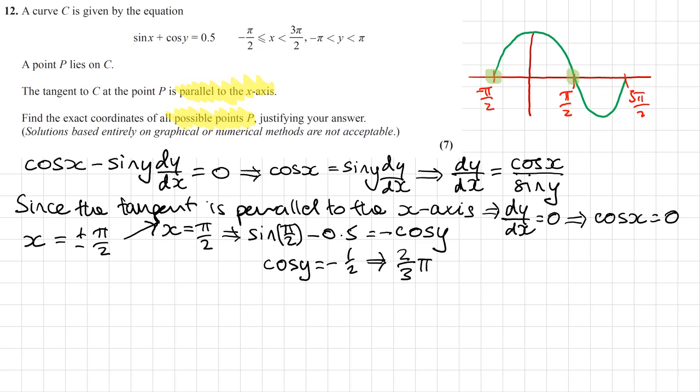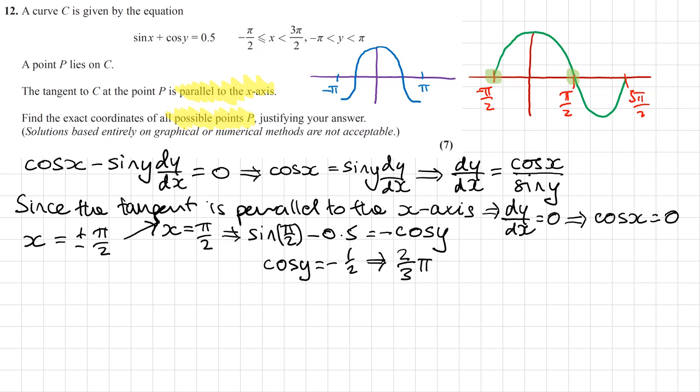Now I need to check whether there are other solutions, so I'm going to draw a sketch of the graph of cos y. Now my graph of cos y needs to go only between negative pi and positive pi. So that's going to look like this. So up to positive pi and down to negative pi. I could use a CAST diagram as well to solve this.